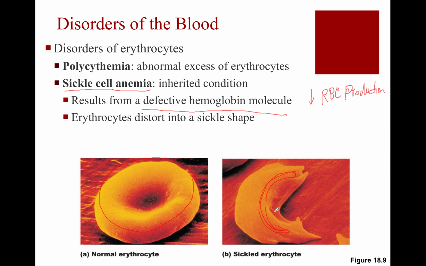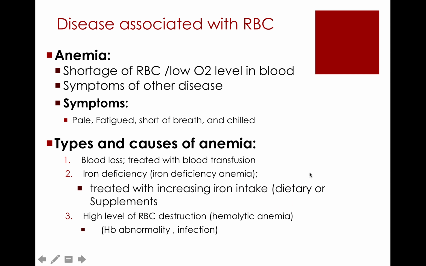These cells are very hard to move through the blood vessels. They typically cause pain in the joint area because of their shape. They are destroyed more rapidly because they do not look like a normal cell, so your body tries to get rid of them. And for treatment, these individuals often have to undergo blood transfusions to make sure their red blood cells are being replenished.